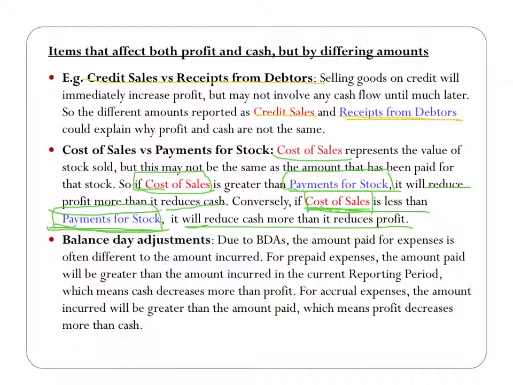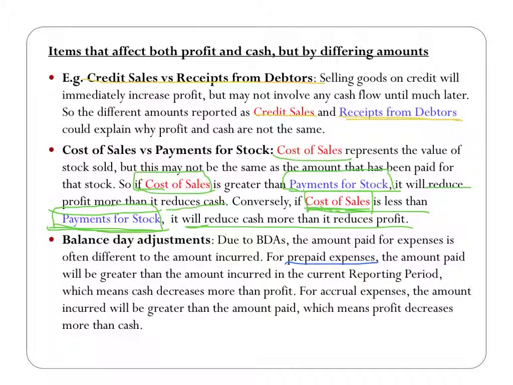Now, the next one, balance day adjustments. Because of balance day adjustment, the amount paid for expenses is often different to the amount incurred. We've covered this in chapter 10 when we talk about balance day adjustments. So, for prepaid expenses, the amount paid will be greater than the amount incurred in the current reporting period, because you are paying, by definition, prepaid expenses.